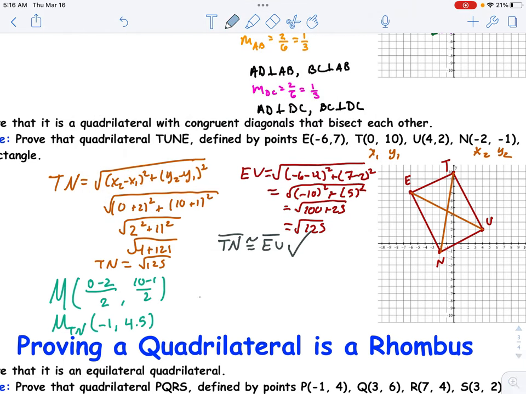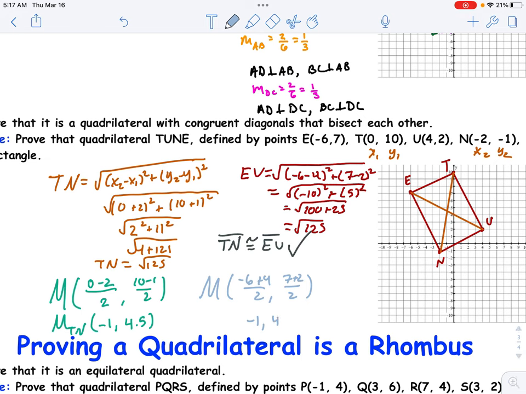Let's find the midpoint of EU. Alright, EU. Negative 6 plus 4 divided by 2. And you got 7 plus 2. Negative 1. And then, boom, right here. 4.5.